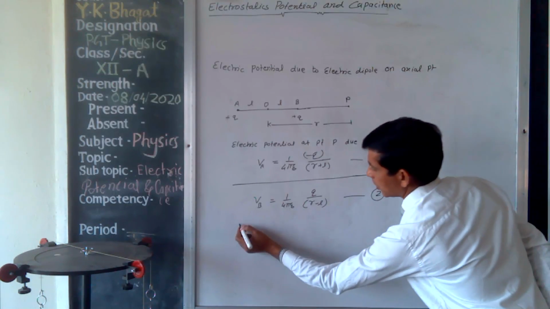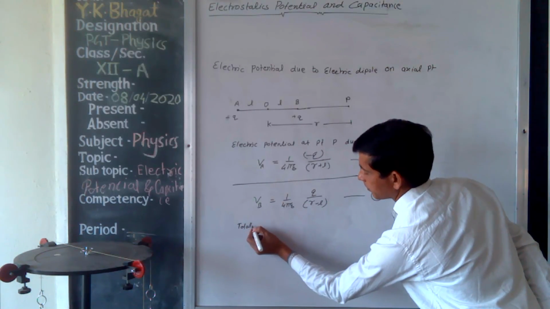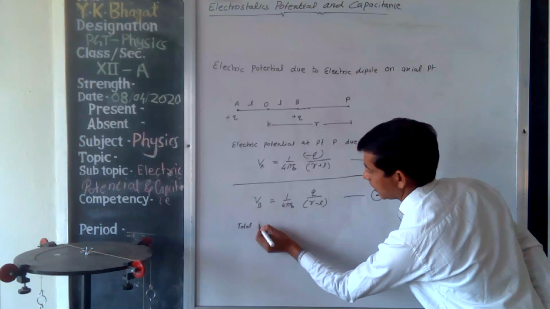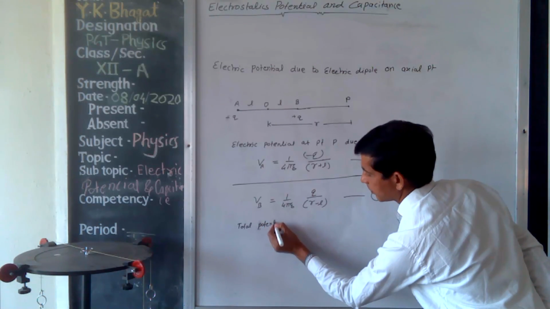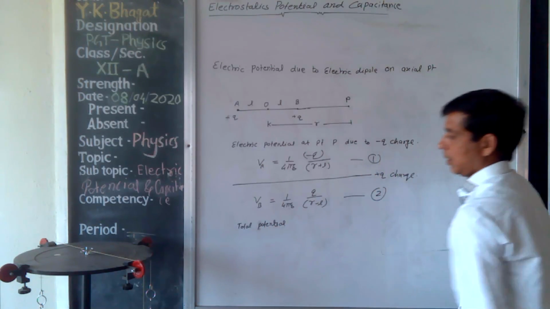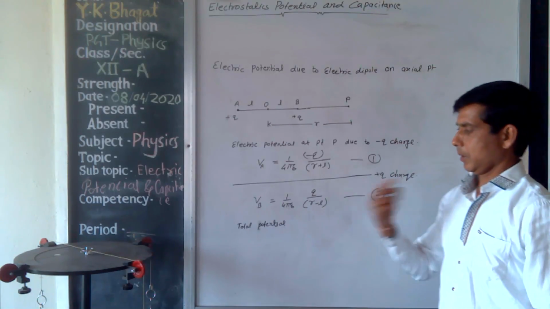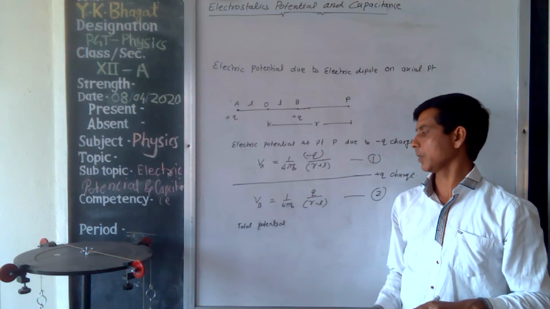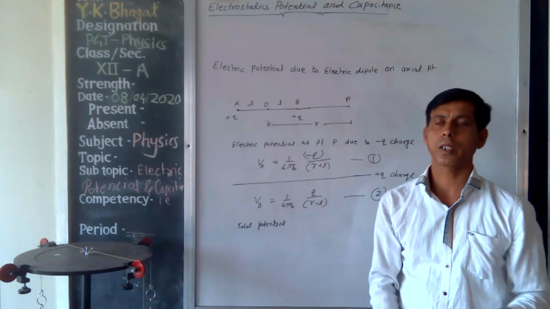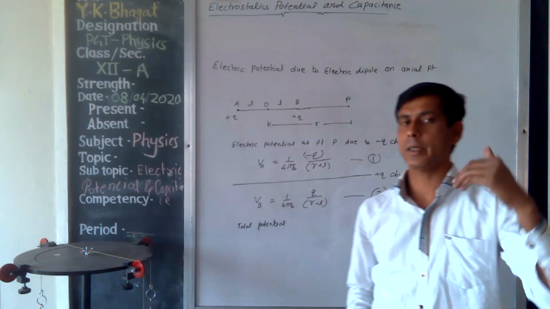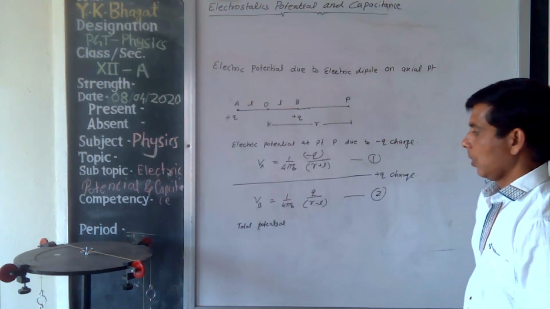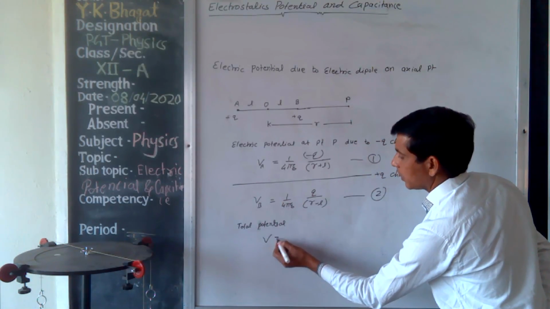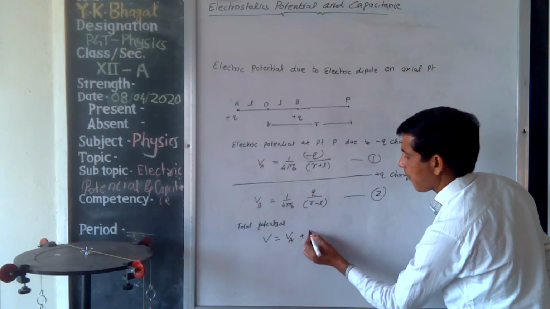Then the total potential. You know, students, we write it as total potential, not resultant potential, because potential is a scalar quantity and scalar quantities are directly added. So the total potential will be V equal to VA plus VB.